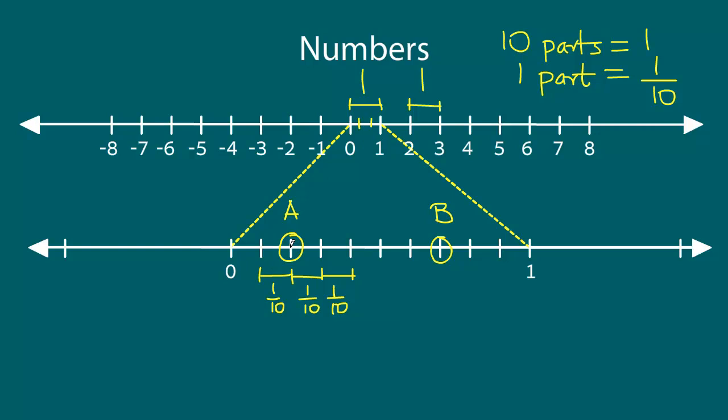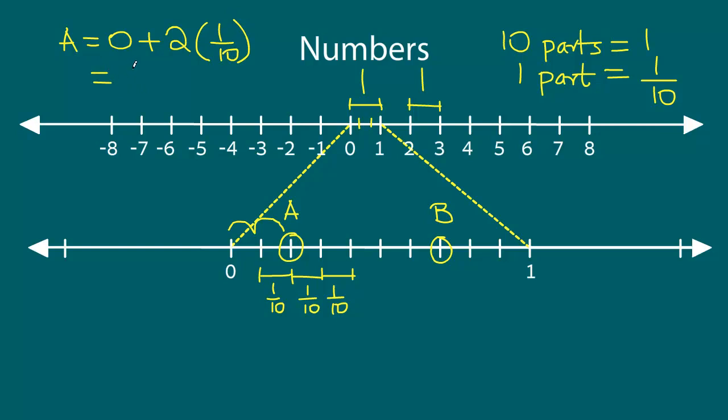How do we get to point A? So we have to start from 0, and then we have to go 1, 2. We have to cover 2 parts, right? So for point A, we have to start at 0, plus we have to go 2 parts, and each part is 1 over 10, right?